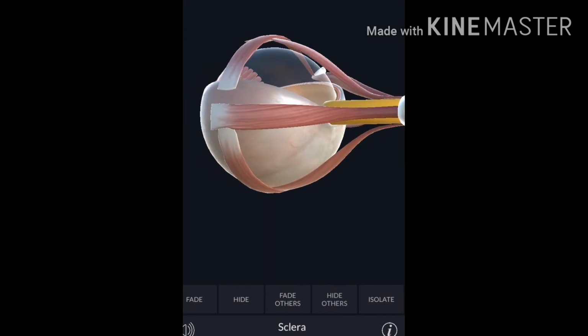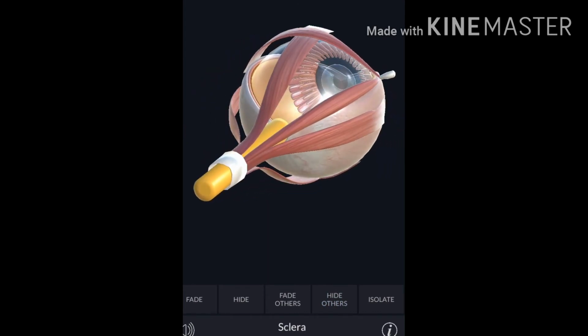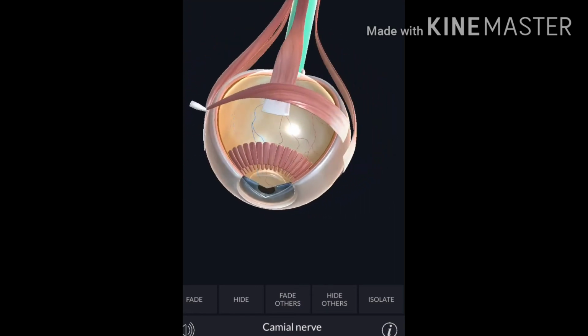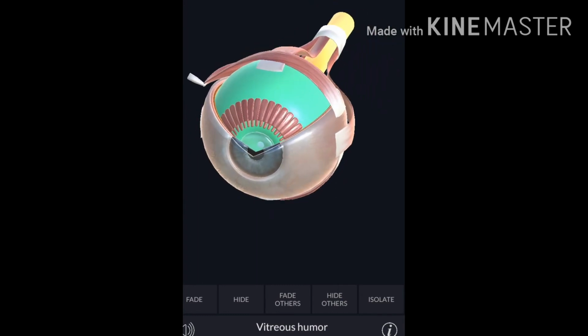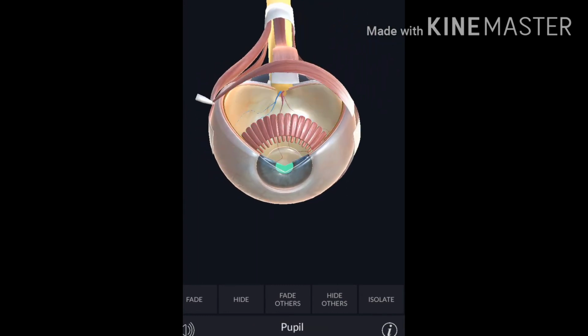We have already seen that. Turning out the sclera, we get other parts which are not needed for our class 10 purposes, so you can take these portions of the video for your future studies. And then another portion comes, the vitreous humor. Then the most important part comes, the pupil.